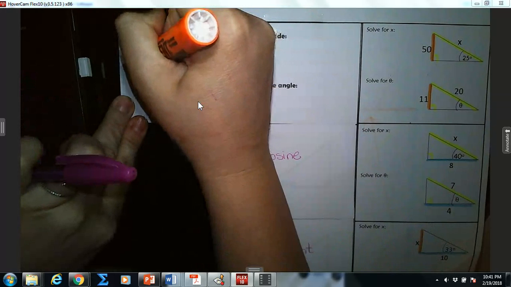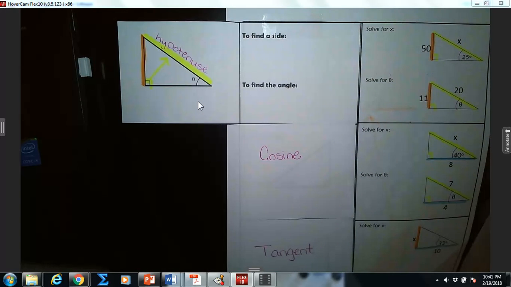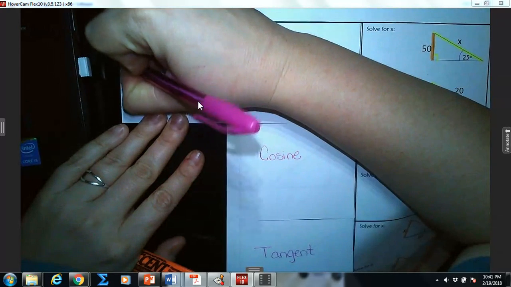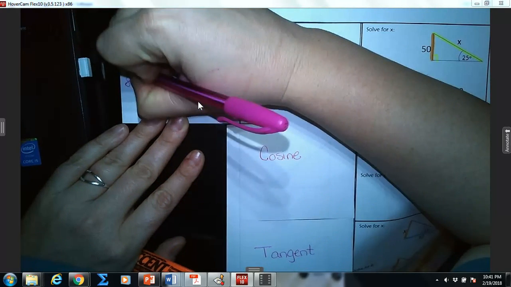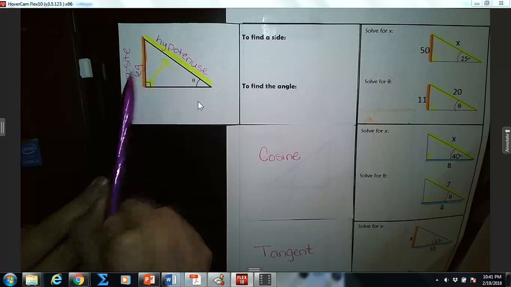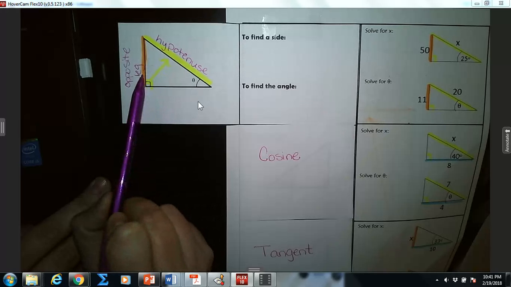The opposite leg is the side that's across from, all the way on the opposite side of the triangle. So if we're working on a sine problem, it is because we're working with the opposite leg and the hypotenuse.